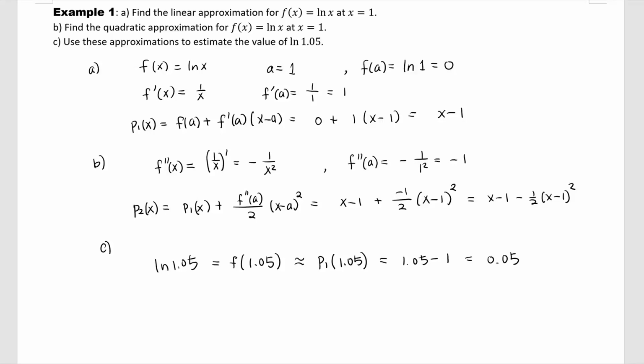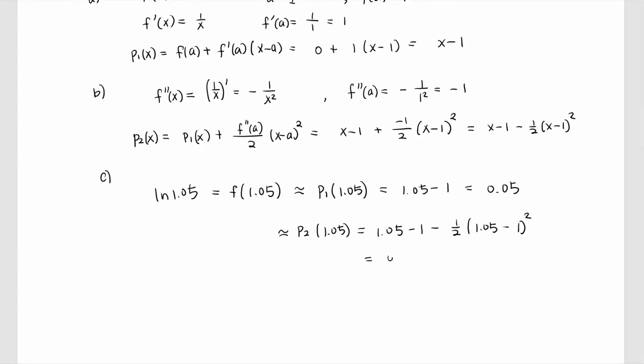How about we use the quadratic approximation? Then that is P2 of 1.05. P2 of 1.05 is 1.05 minus 1, minus 1/2 times 1.05 minus 1 squared. Well, this is 0.05, and then we subtract 1/2 times 0.05 squared.